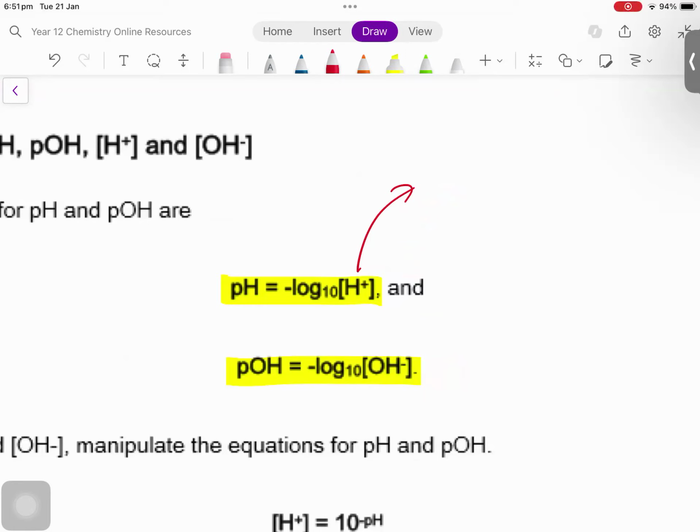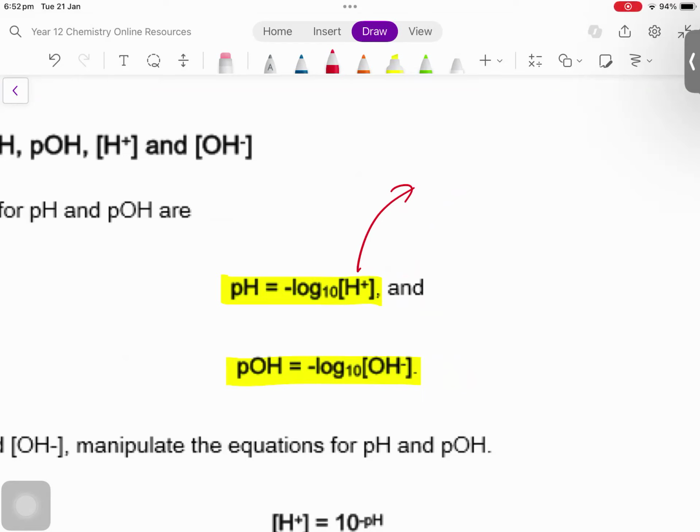When you had H plus last lesson, when you were writing your equations, if it was an acid, what did you give away the H plus to? Remember what we said? It was always acid or base plus this other thing on the left-hand side of your arrow. Water, yeah, it's always with water.